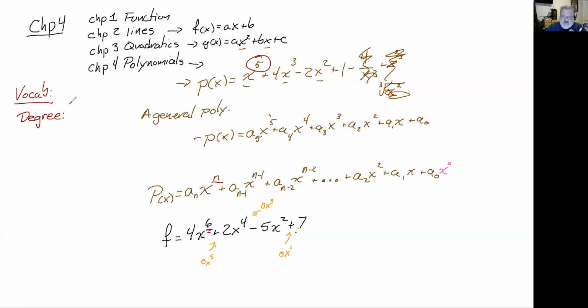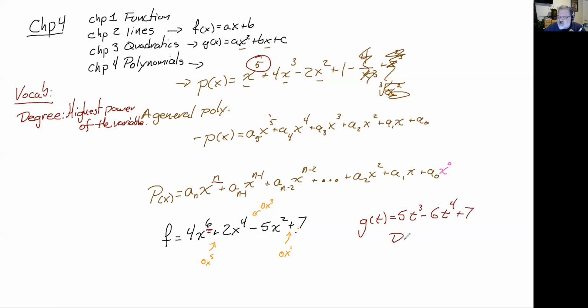So the degree is the highest power of the variable, I should say. They don't have to be x's, these could be t's. So if we had a function, let's go ahead and use t, g of t equals, say, 5t to the 3rd minus 6t to the 4th plus 7.